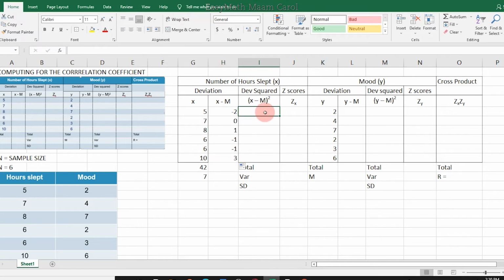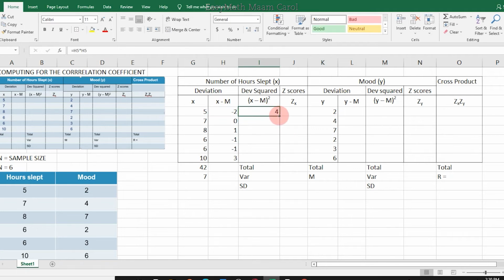Then the next column, we square this value. We can just click on this, then the multiplication sign, and then click on this as well because we multiply it by itself, and then enter.